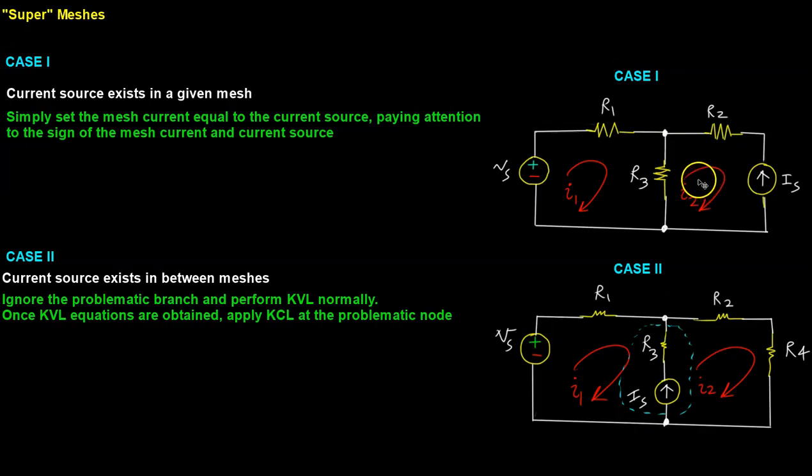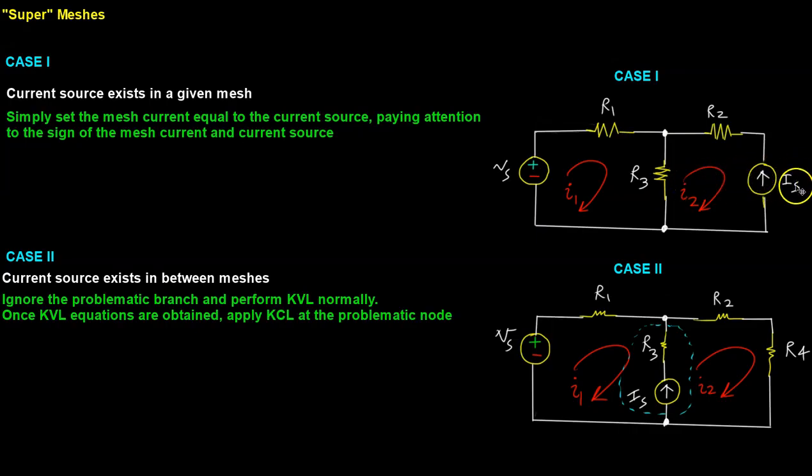And so the way we deal with that is we separate it into two cases. For the first case, the problematic current source is only affecting one of the meshes. In this case 1, this current IS is only affecting the mesh characterized by I2. So depending on the signs of the currents, we set them equal to each other.